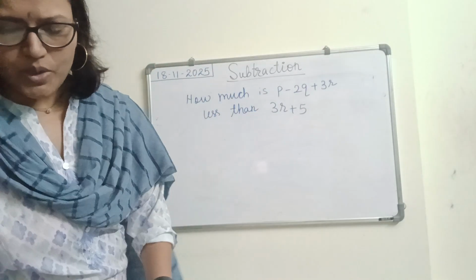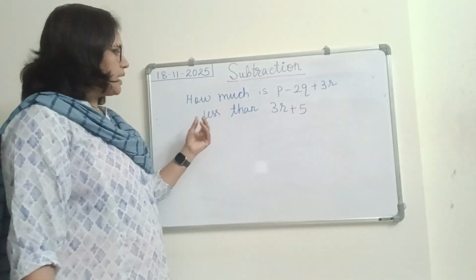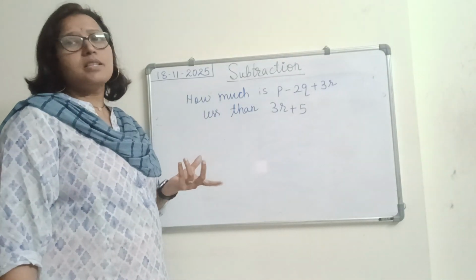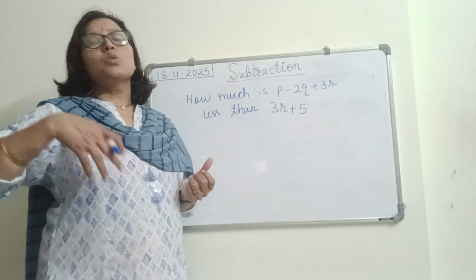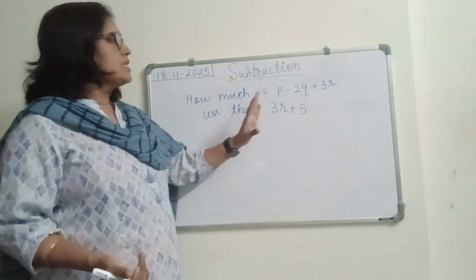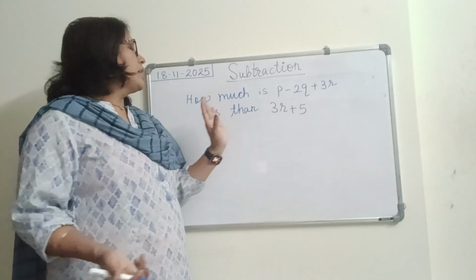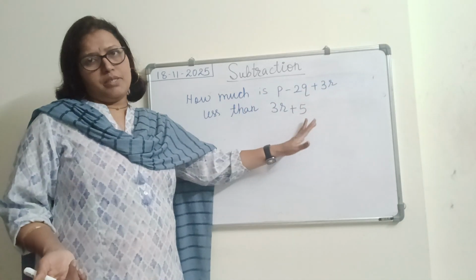These types of questions will be there. In that case, you have to think that "less than" is definitely a subtraction. Something is going out, it is decreasing. So how much is p minus 2q plus 3r less than 3r plus 5?